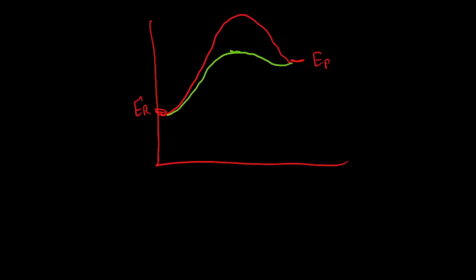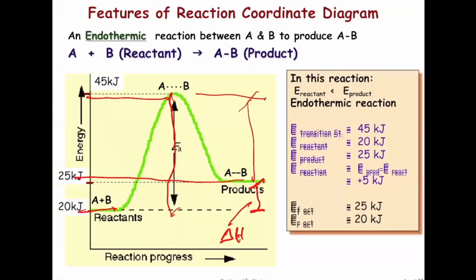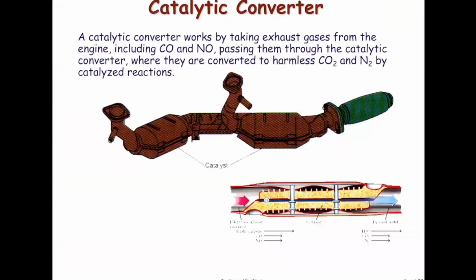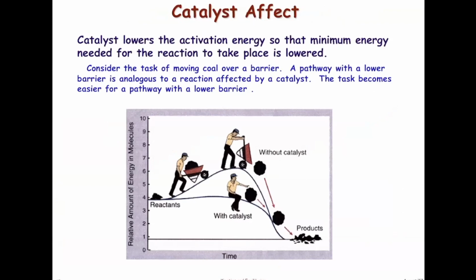There are now more chemicals that can overcome that barrier and move on to product. That's why it's faster. That's what a catalyst does. So let's take a look at this right here in terms of what happens when we have a catalyst. Right here, we lower the activation energy, the reaction is going to go faster. And that basically is because you have a different path to the product.